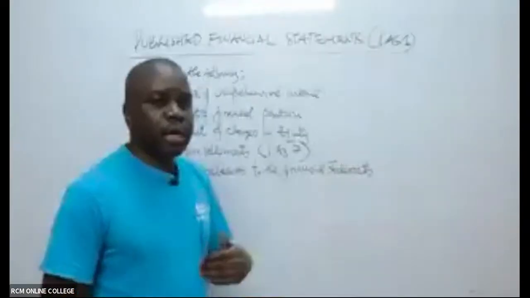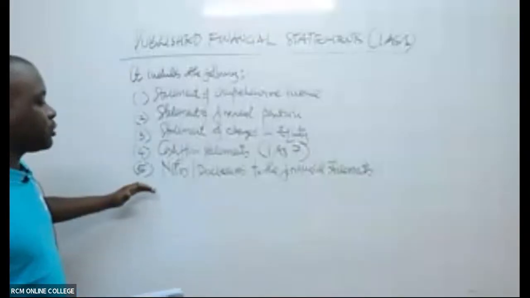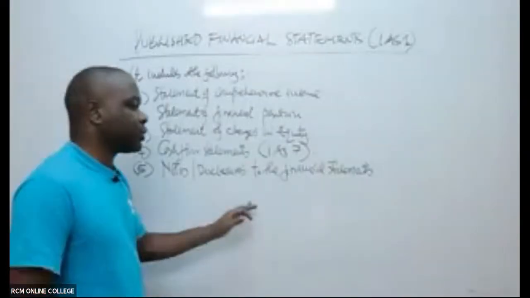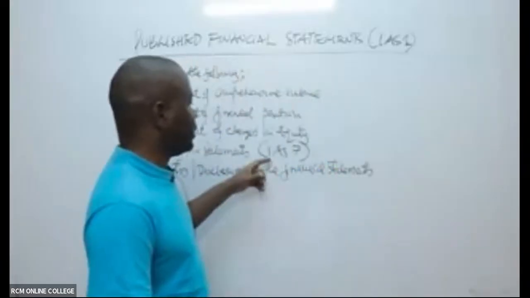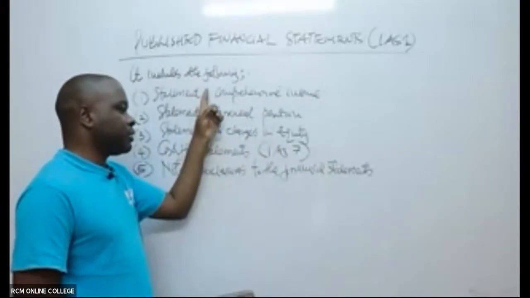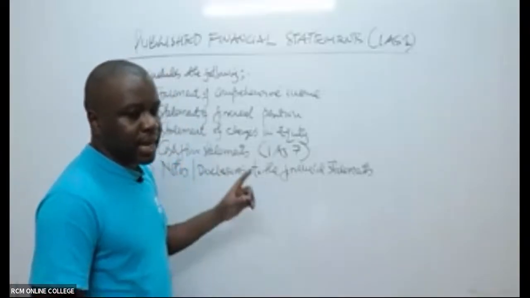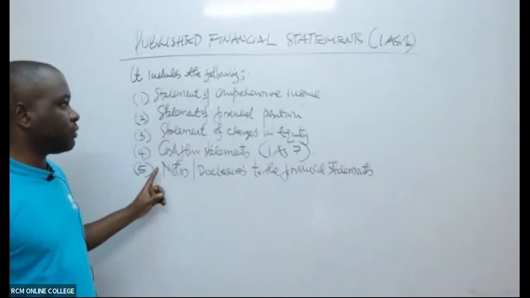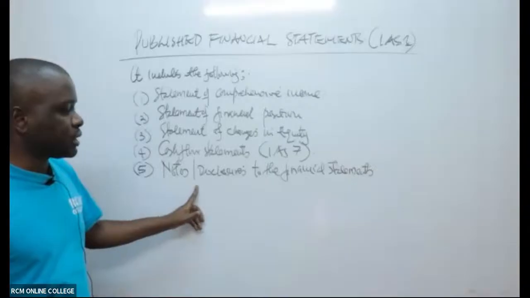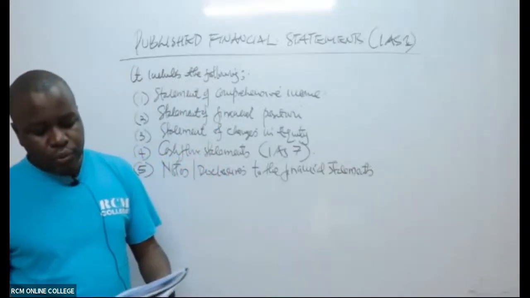So you'll be able to elaborate on them by including in your set of published financial statements what we call the notes or disclosures to the financial statements, to better understand what has been presented up here.